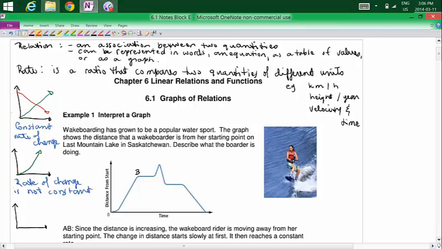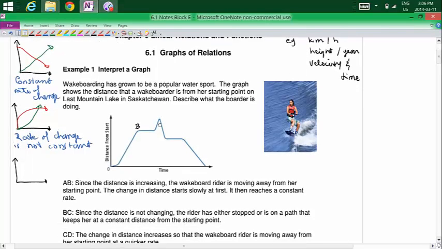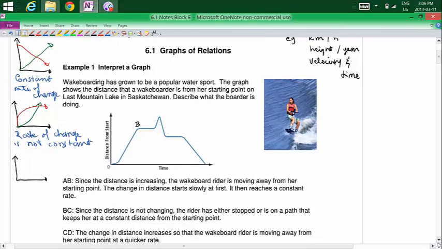You could start out pretty quickly and then the change slows down. And on our last graph then, what does it look like when there is no rate of change? Okay, well that would be like a horizontal line, okay? So it would look like that.